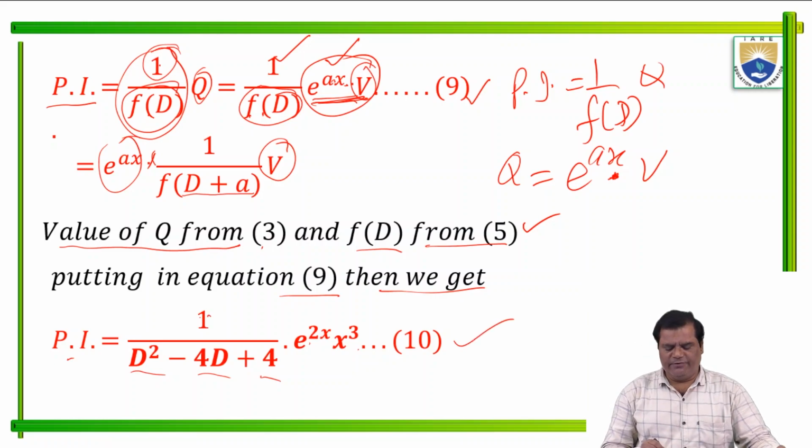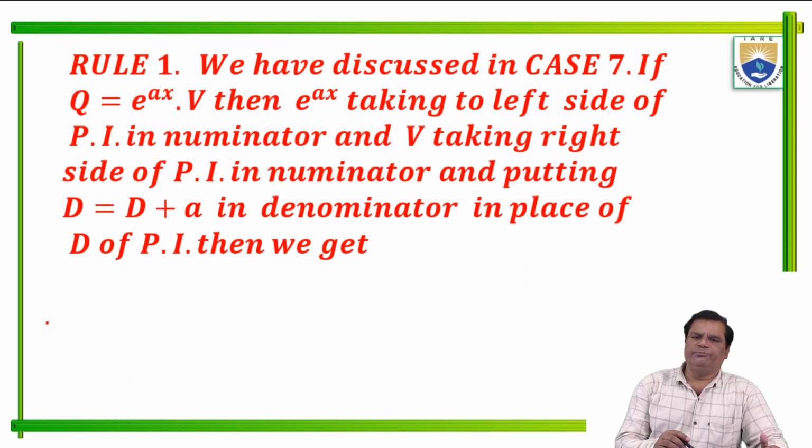This is 1 upon f(D). This is the value of f(D). This is the value of Q. Here are two functions, both multiplied. First is exponential, the other is an algebraic function. Now we apply rule 1.